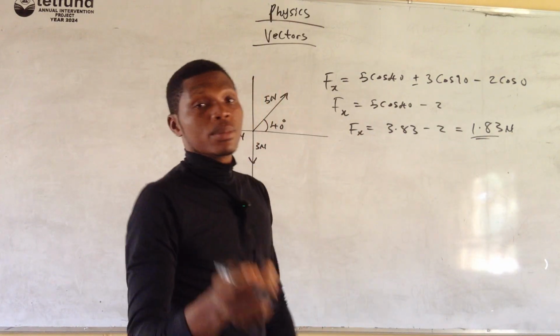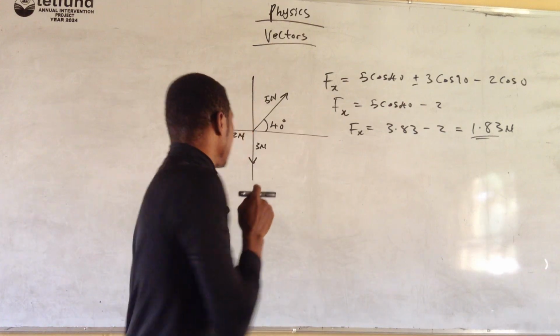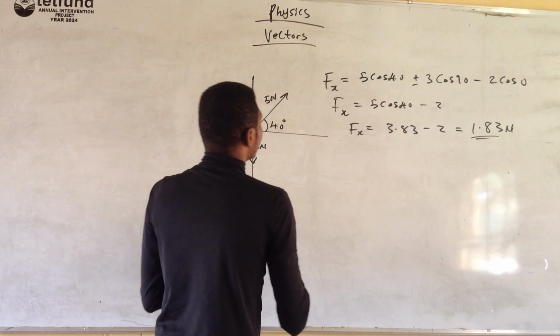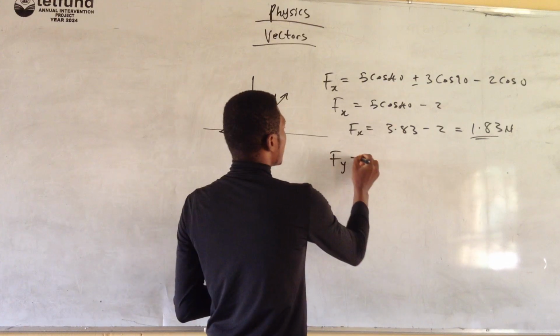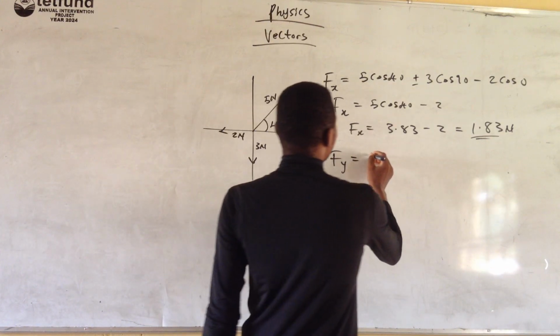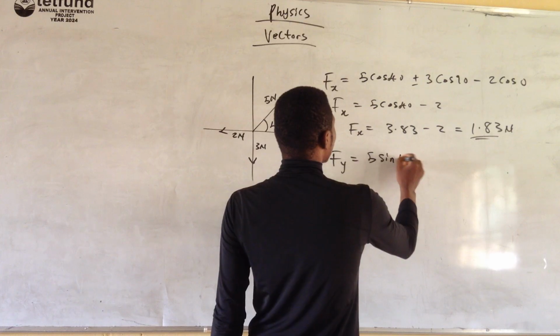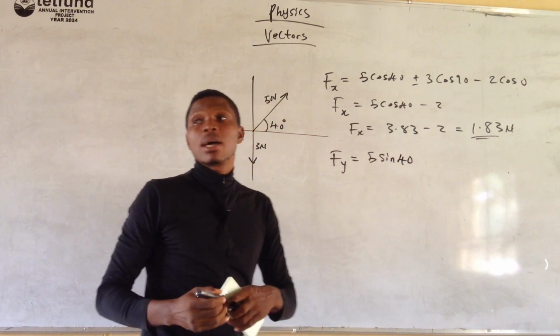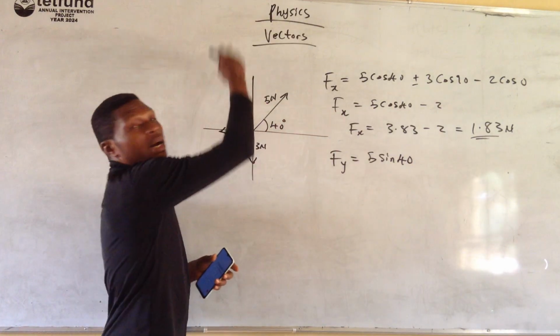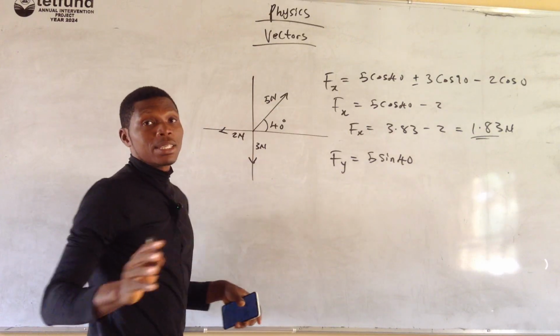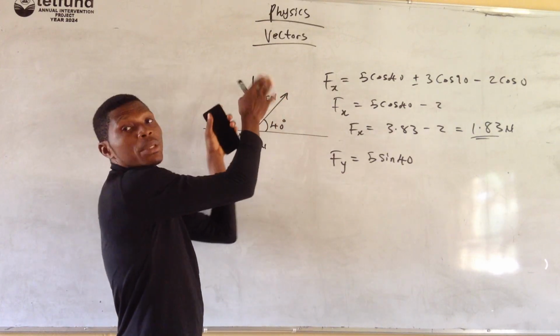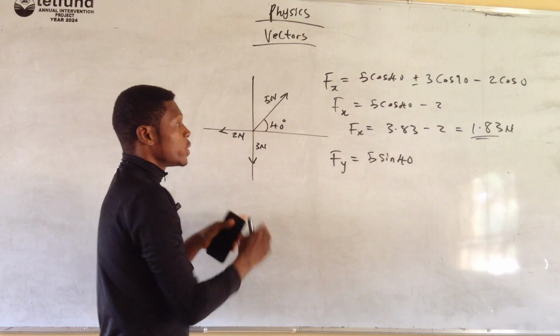Now let me do my Fy. So my Fy equals 5 sine 40. You know, when dealing with this Fy, we take up as positive and down as negative. That is, every force going up will be taken as positive, the ones going down negative.